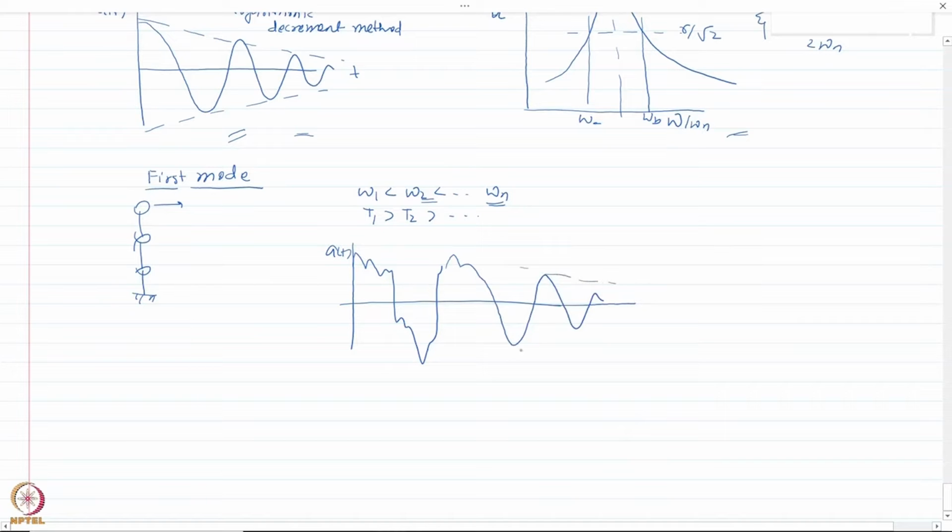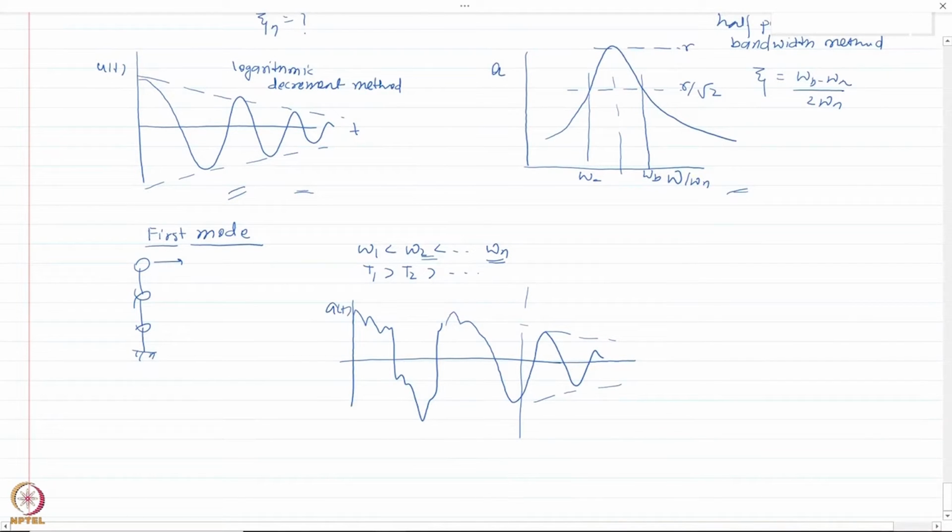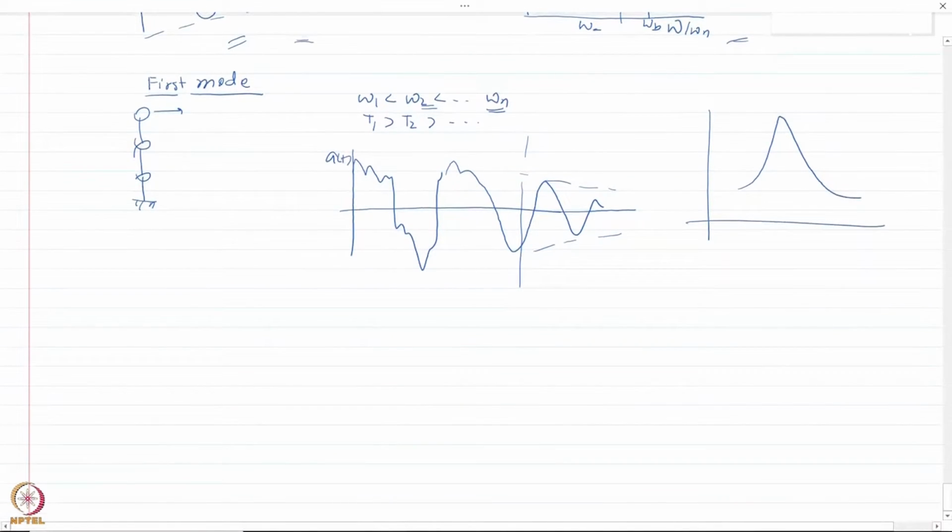Utilizing that, after this point we can find the damping using the logarithmic decrement method here, or we can also find frequency response curves, again considering the steady state response where the contribution of all the higher modes has damped out. So using these two methods, we can only find the damping for possibly the fundamental mode, or the first mode.